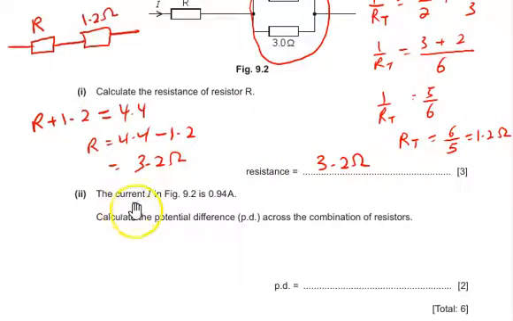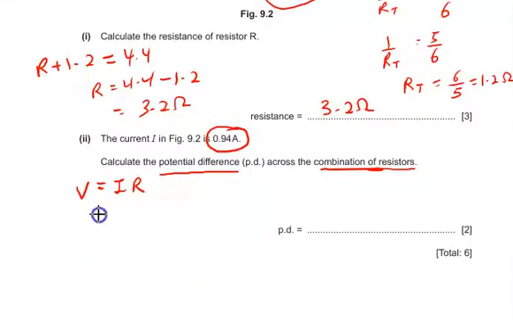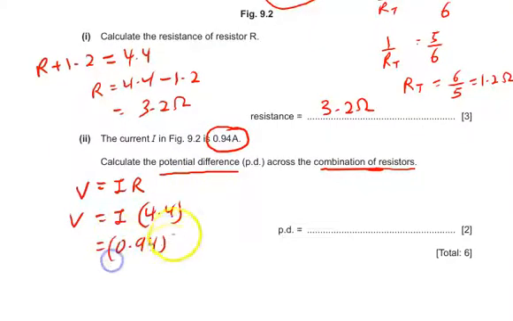Current I is 0.94. Calculate the potential difference across the combined resistance. Here we can use V equals IR. The combined resistance is 4.4, and the current we just multiply over here.